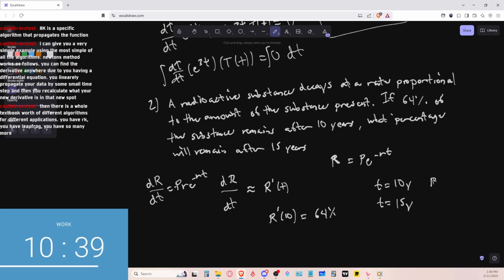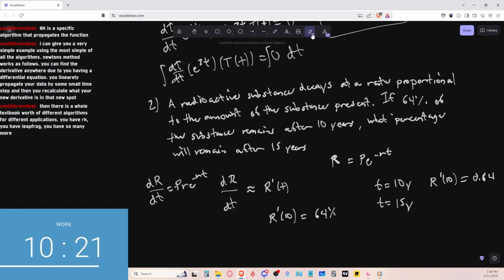I think we'll just put R of t. Well, R of 10, actually, we should put that there. R of 10 is 0.64.